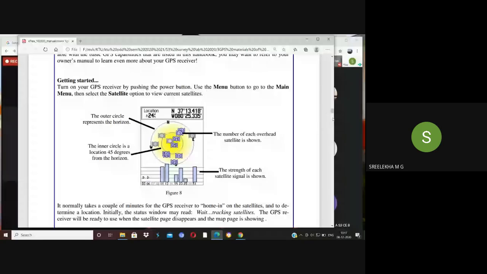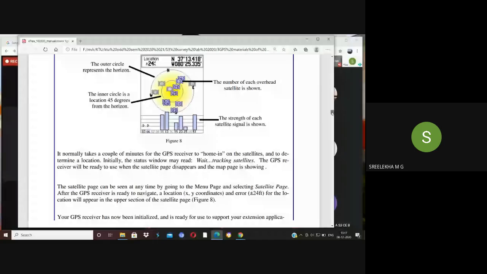Once it is prepared, we already have a rough idea of which points' details are to be collected. That's all. Okay, so now we can take our GPS receiver to those points, and that is done here.